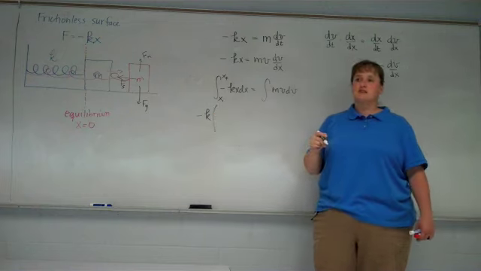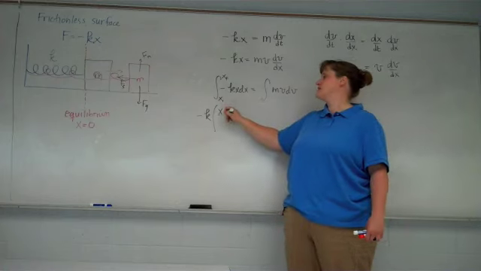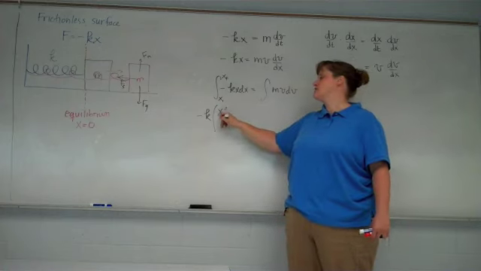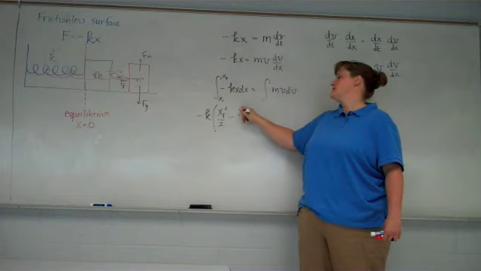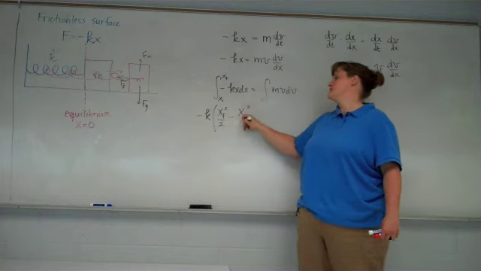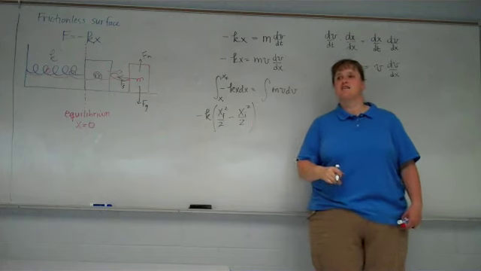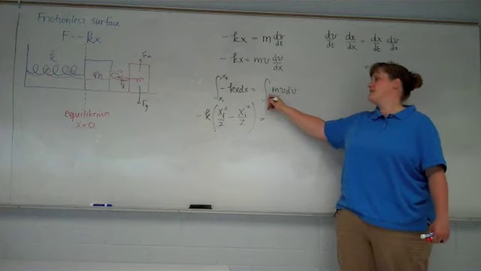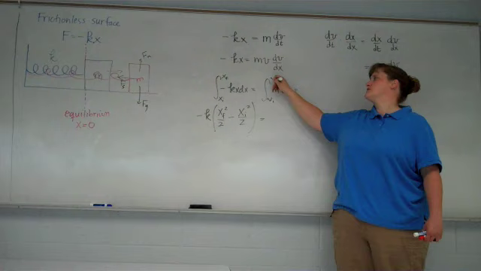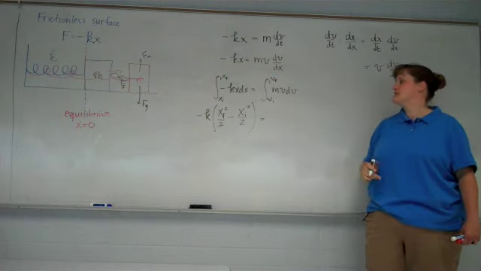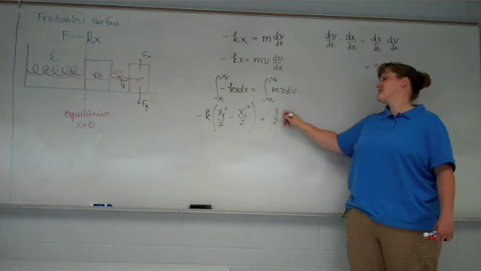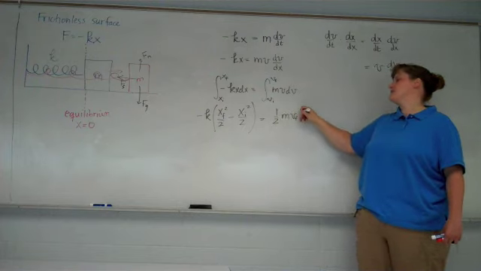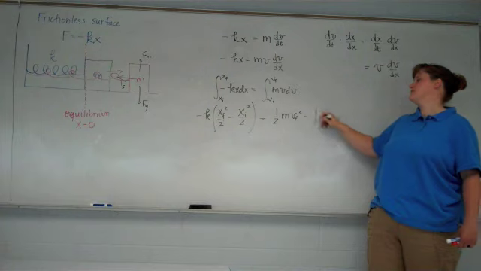Integral of x is x squared over 2. So I get x final squared over 2 minus x initial squared over 2. That's my left-hand side. My right-hand side, my variable is v, so it's from some initial velocity to some final. We get the same thing on the right-hand side: 1/2 mv final squared minus 1/2 mv initial squared.